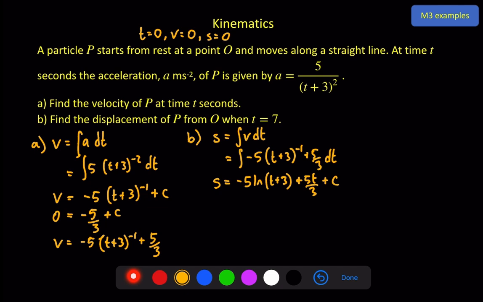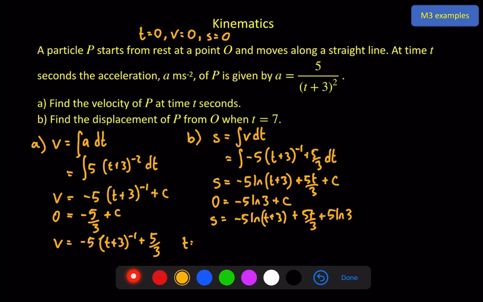And again, when t is 0, we know s is 0 from that first sentence. So we get minus 5 log 3, and the next term is 0 plus c, so c is 5 log 3. S is equal to minus 5 log of t plus 3 plus 5t over 3 plus 5 log 3.